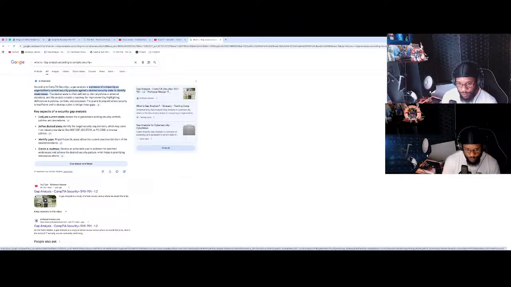Right? So you need plans to actually implement this gap analysis. Once you actually figure out where the gaps are and you analyze your network, you need to come up with a plan and schedule. You need to figure out when everybody can come together and hit all of these different computers in the network.